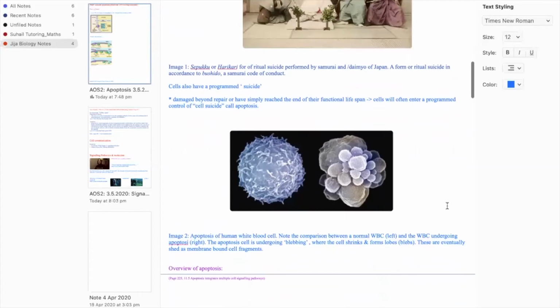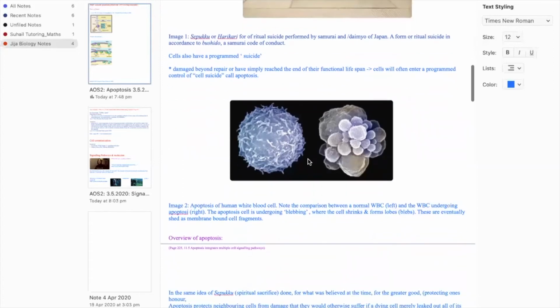Now here we can see a diagram of a white blood cell, and this white blood cell is undergoing apoptosis or cell death, and this is what we call blebbing. I would just want you to note the comparison between the normal white blood cell, which is on the left, and the same white blood cell undergoing cell death.